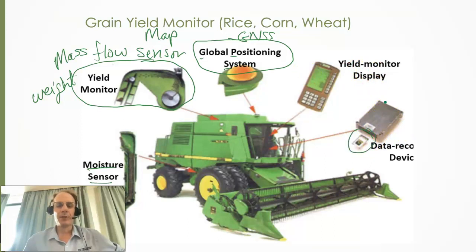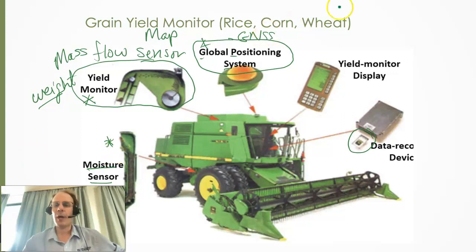The key components, though, to capturing yield data and being able to map it are the GPS, the yield monitor or the mass flow sensor for measuring weight, and the moisture sensor so we can adjust that weight based on the moisture of the grain.